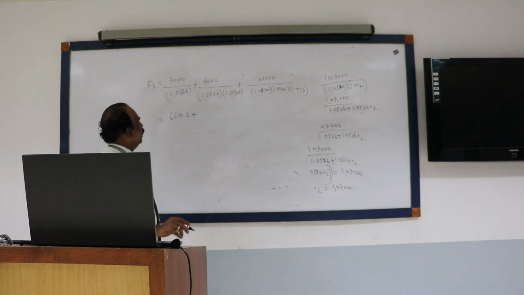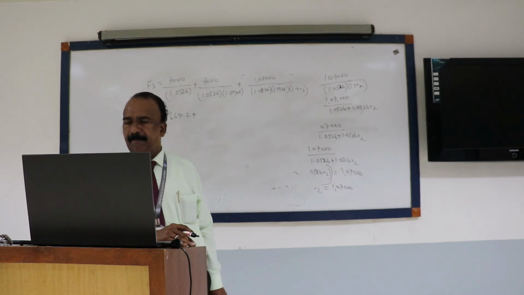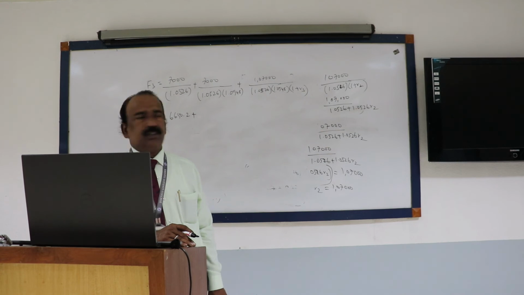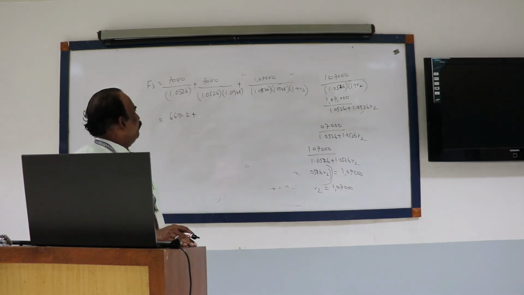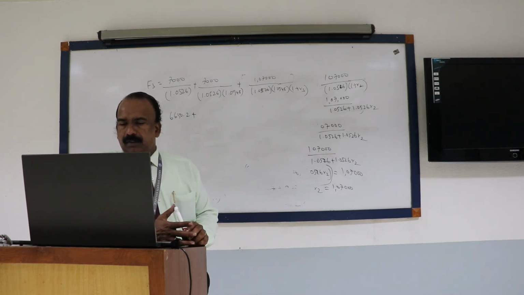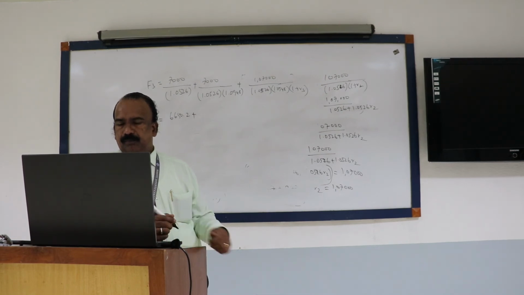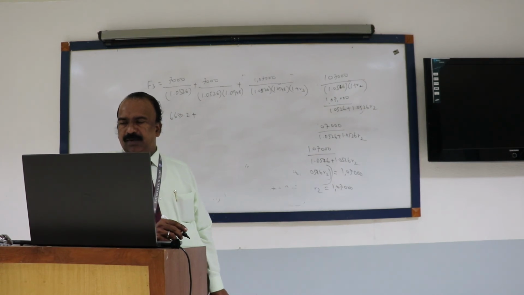Plus, just multiply and then you would get the answer. 7,000 divided by 1.152. So what's the answer?